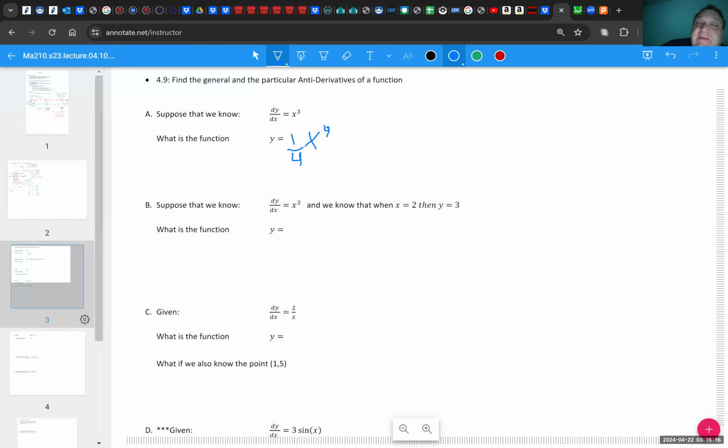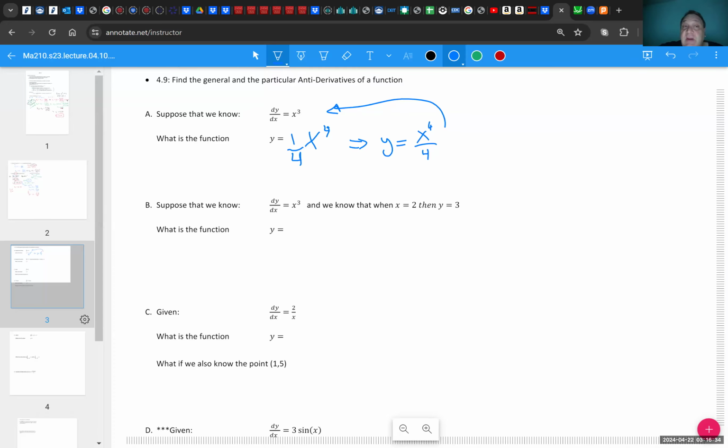So just combine this together, 1/4 x to the fourth, or x to the fourth over 4. I think the math people would just write it as x to the fourth over 4. They just combine the two things together. So if y equals x to the fourth over 4, it actually has the correct derivative of x cubed.